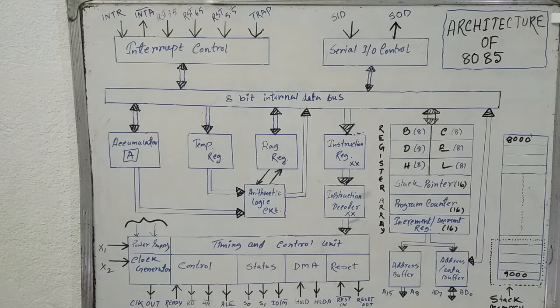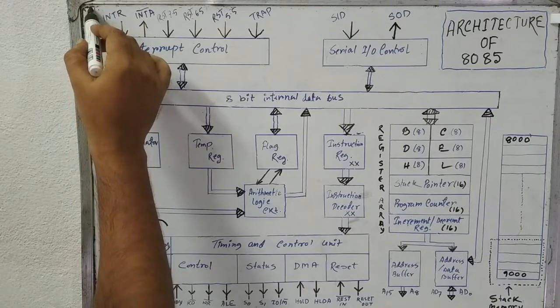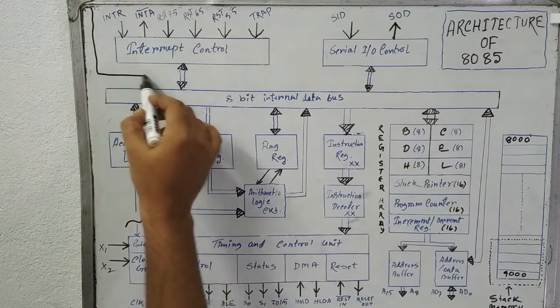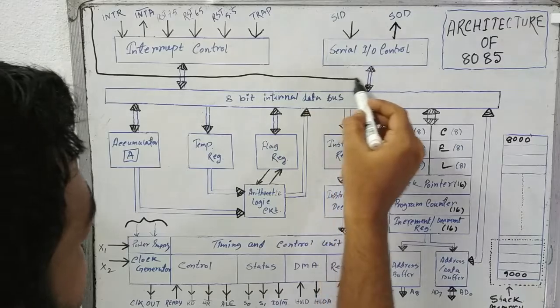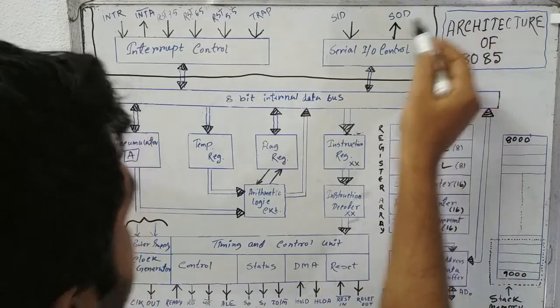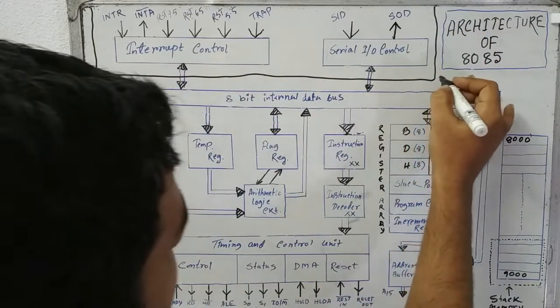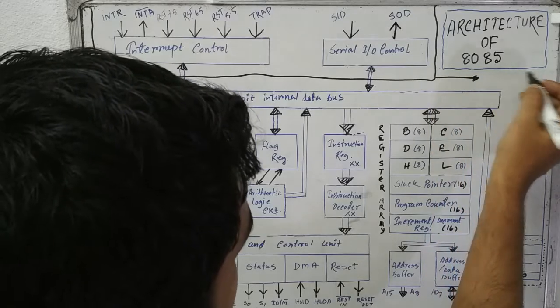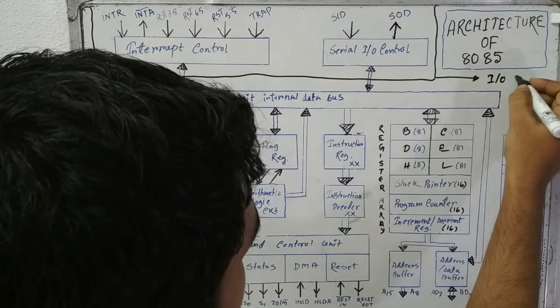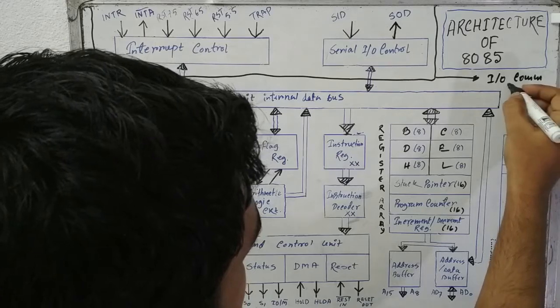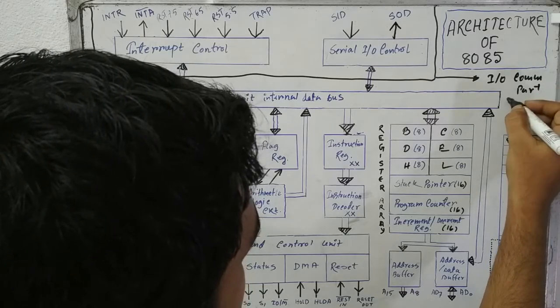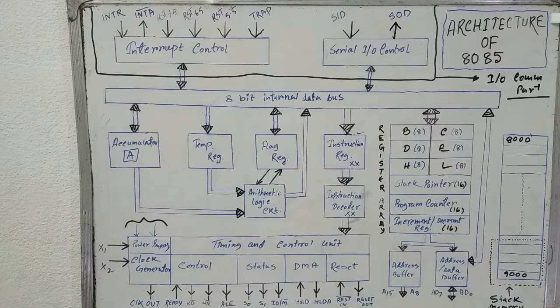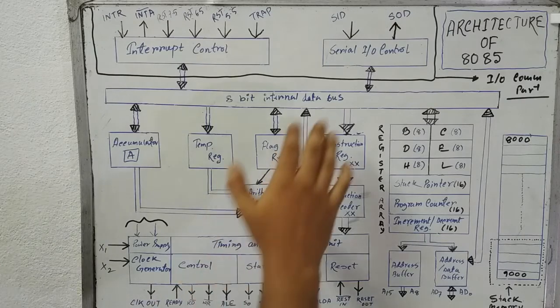Here our first part is the input output communication part. Basically this part consists of the two blocks that I have told you: the interrupt control block and the serial IO control block.